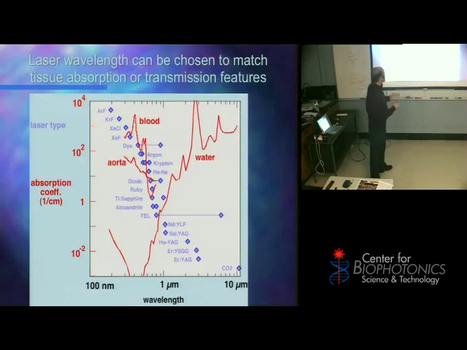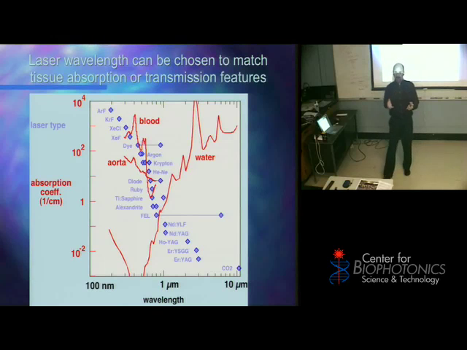So we can utilize the fact that there's not a lot of absorption in this region by water, and we can utilize the fact of this blood spectrum to figure out your amount of oxygen in your blood with that little tool that we made. Okay? So we have a window that tends to be from about 200 nanometers to about 900 nanometers, where the absorption of water is relatively low.